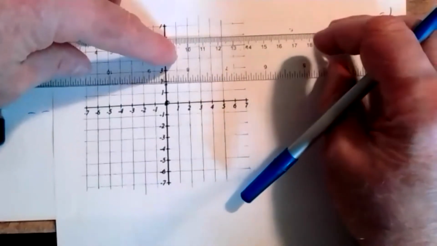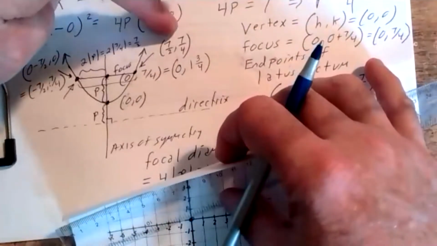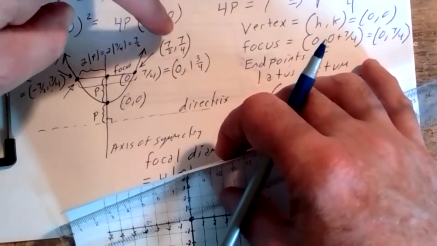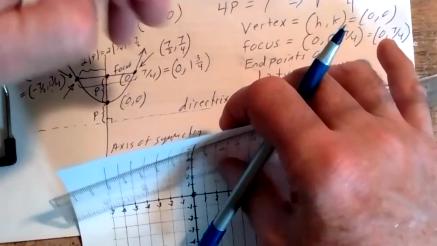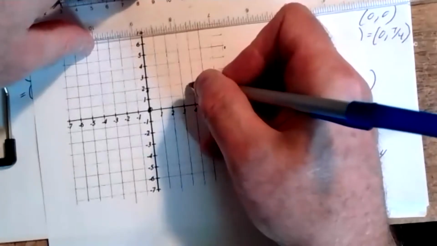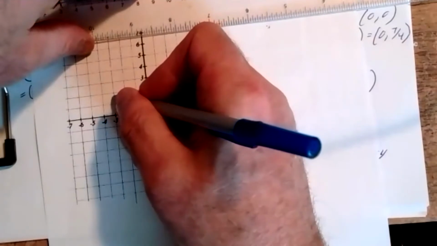And your latus rectum's endpoints have to be positive and negative, I'm sorry, 7/2 and negative 7/2. 7/2 being 3.5. So that would go out to 3.5 out here, and negative 3.5 out here.